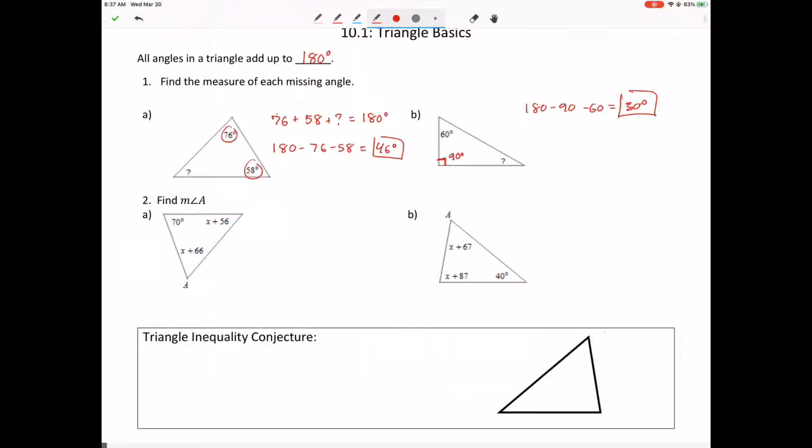We want to find this measure, A, so that they give us the A here. We want to find what this angle is. All right, and they give us all the angles except we have X's in there.